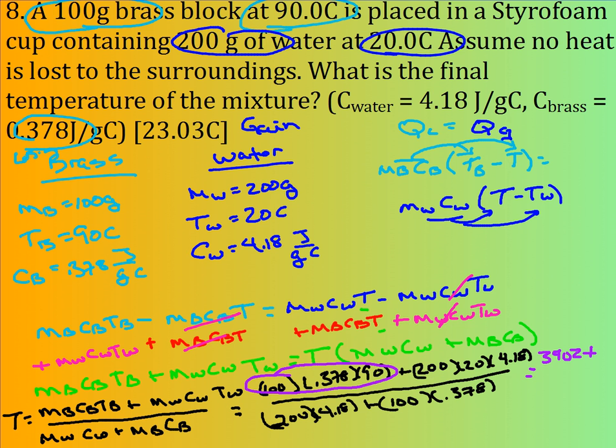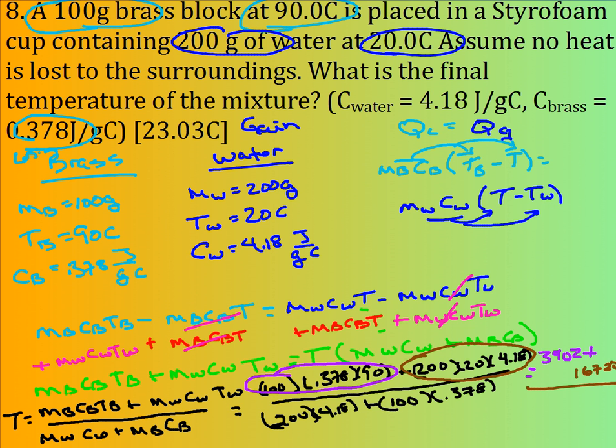And we're going to add to that. Now I'm going to switch colors here. This one's going to be brown. 200 times 20 times 4.18 is a big number, 16720. And this whole thing's going to be divided by this mess here.